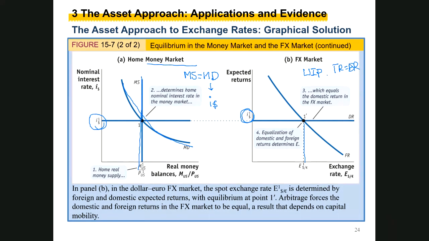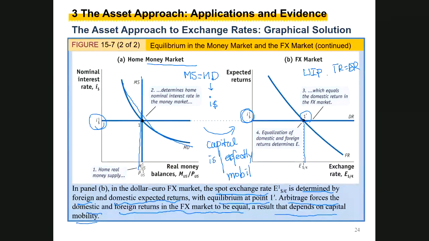The spot exchange rate is determined by foreign and domestic expected returns with equilibrium at point 1. Arbitrage forces domestic and foreign return in the foreign market to be equal. As a result, that depends on capital mobility. Okay, so here we assume capital is perfectly mobile. That's why UIP could hold.